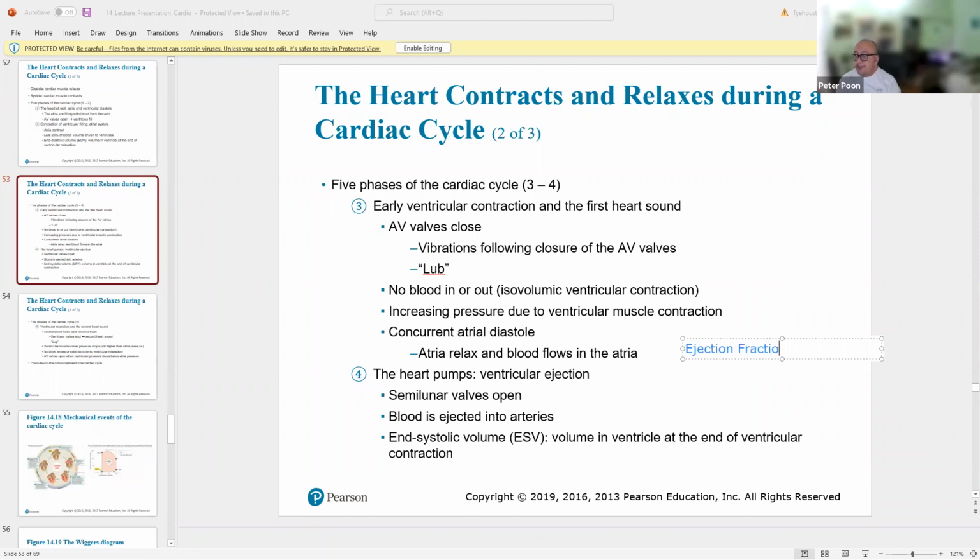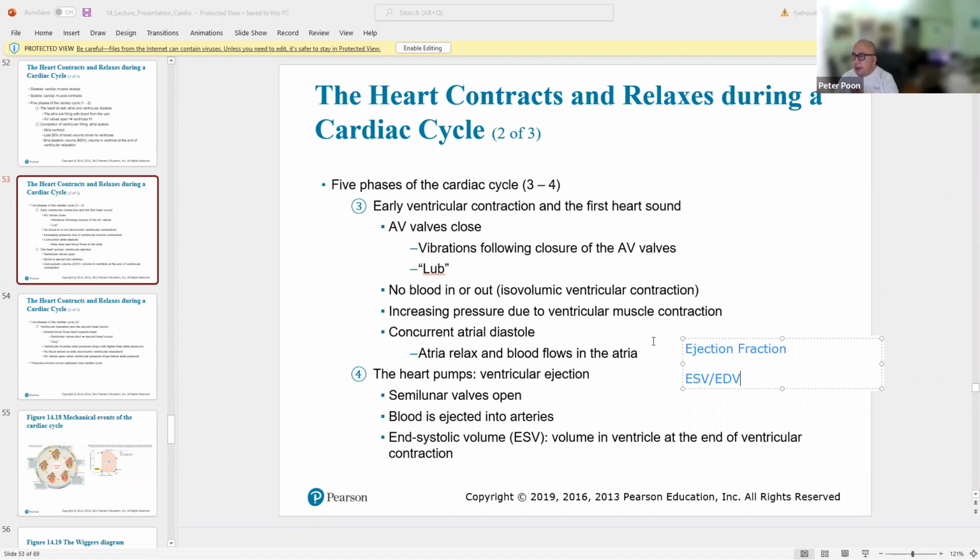So the next number I have to make sure you understand is ejection fraction. Okay, ejection fraction is EDV over ESV. Oops, sorry, ESV over EDV. So the volume left over divided by the volume that's in there.